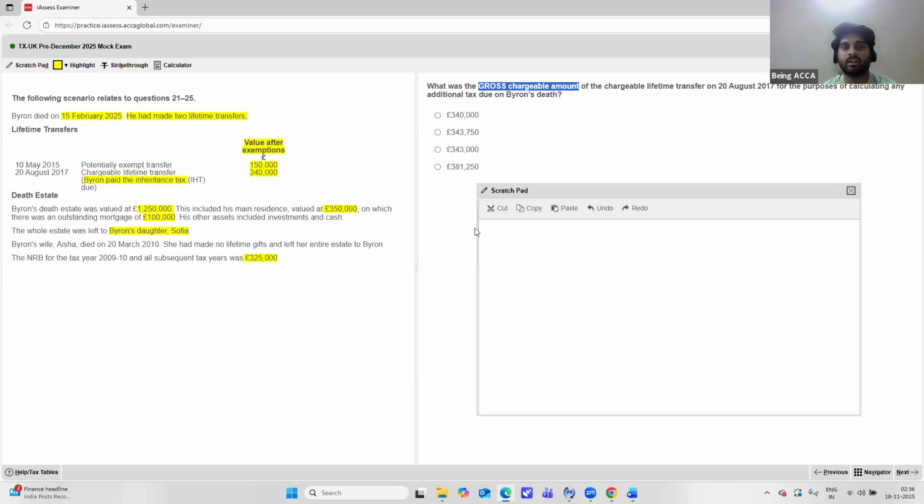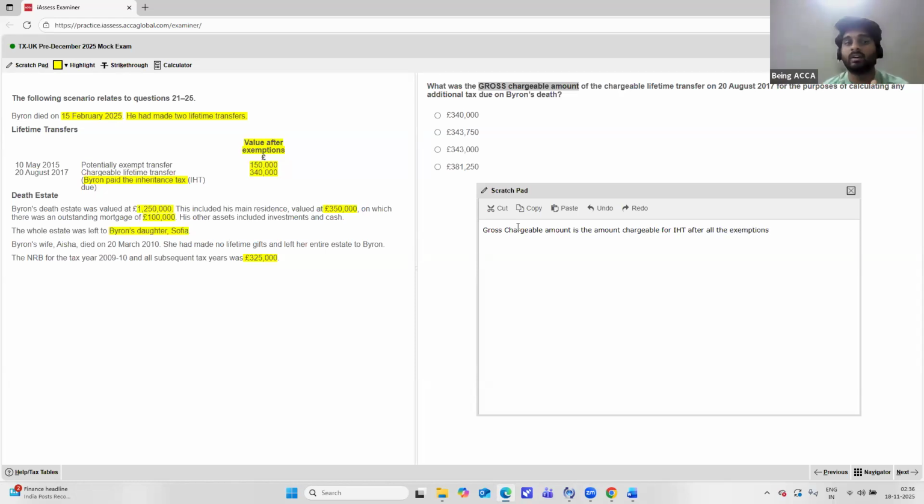So what is the gross chargeable amount? Usually, the gross chargeable amount is the amount chargeable for IHT after all the exemptions.